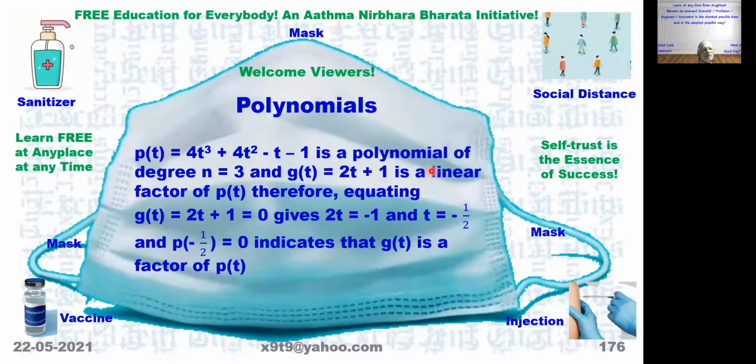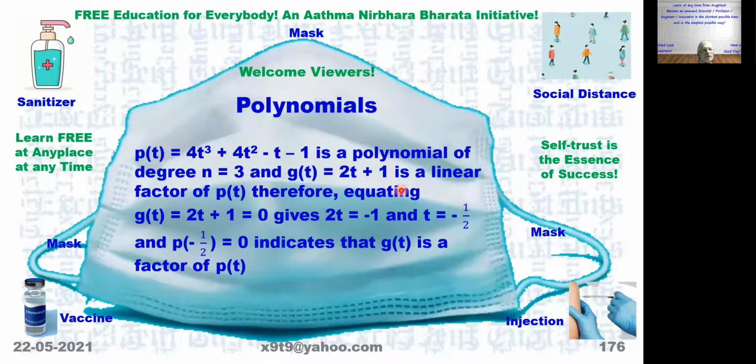In this example, P(t) = 4t³ + 4t² − t − 1 is a polynomial of degree n equal to 3, and g(t), which we are calling the divisor, 2t + 1, is a linear factor of P(t).